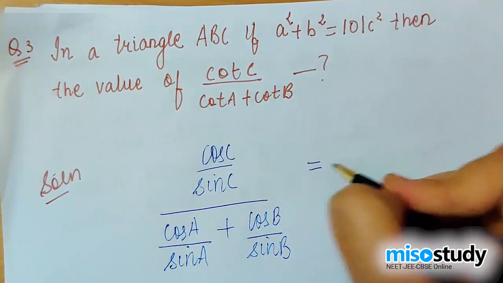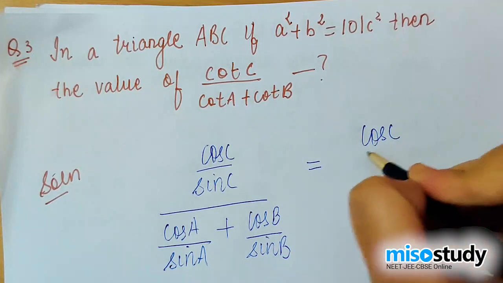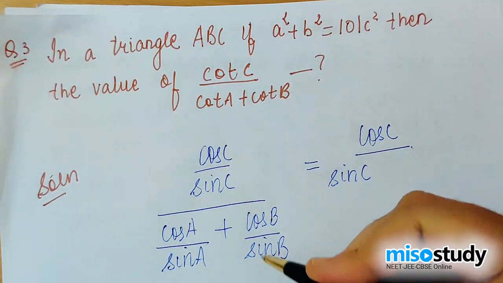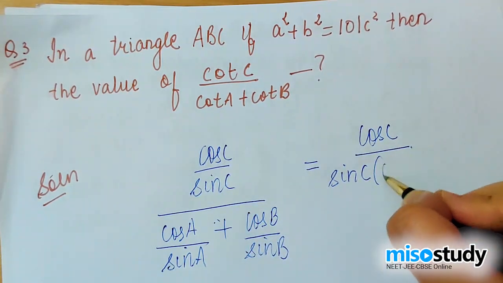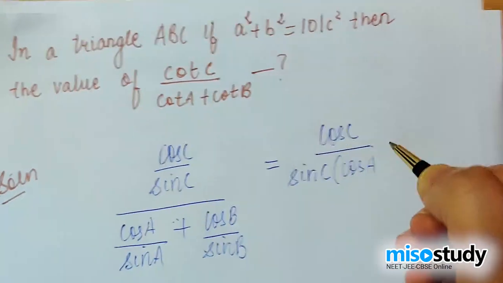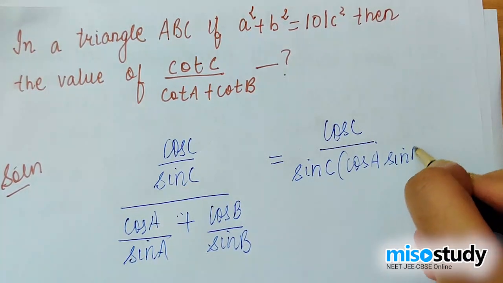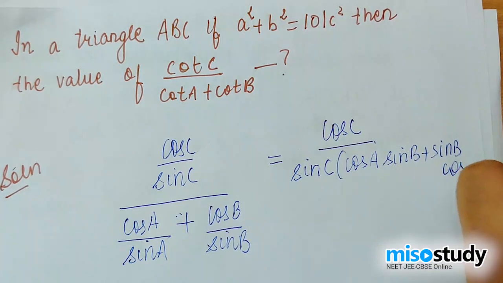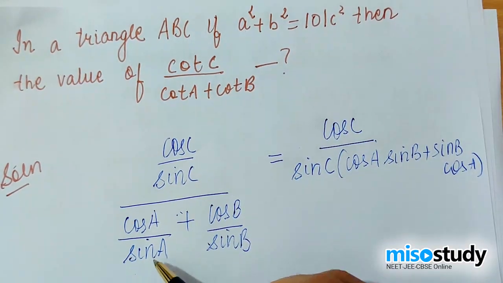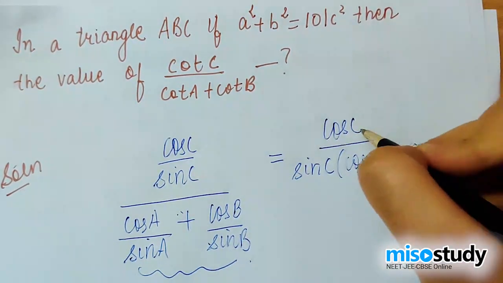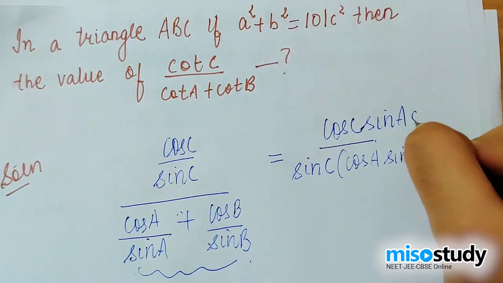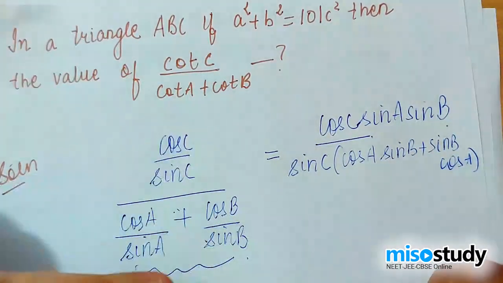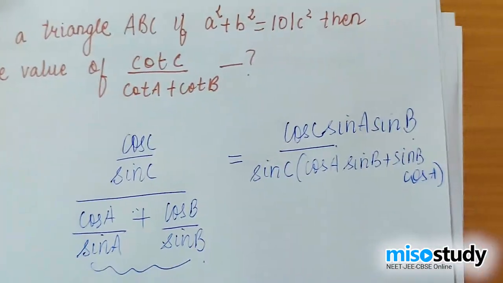Okay, this would be equal to cos C upon sin C, and I'll take the LCM, so I will have cos A sin B plus sin A cos B, and this will go in the numerator, sin A sin B. Okay, this will flip and go into the numerator, right?